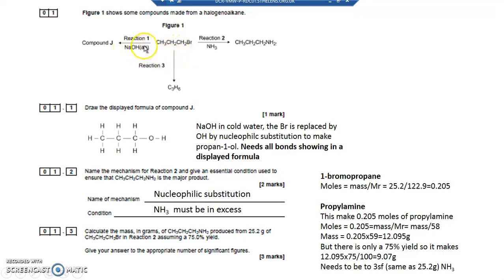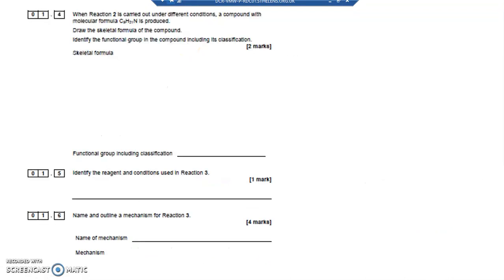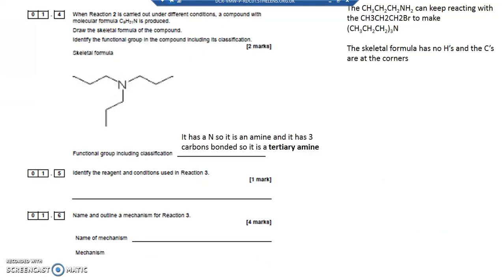Instead of using sodium hydroxide in cold water, you've used sodium hydroxide in warm ethanol, and it's reacted with an H from this CH2 here, removed it. The electrons from the C-H have moved between the 2 carbons to make a double bond, and the Br has been eliminated. So you've got an elimination reaction.